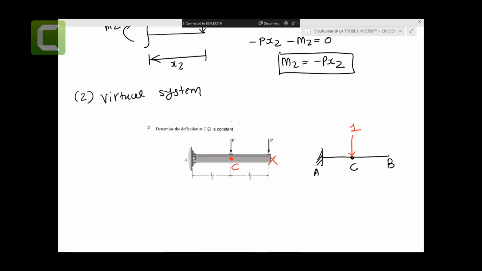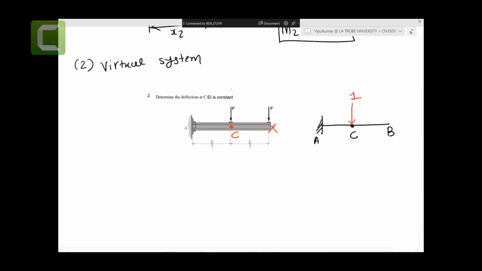Sometimes I can't imagine multiple loading, so if you don't know, just put the virtual loading the way you like it. If your answer is negative, it means the direction you assumed for the virtual load is not correct. But at the moment, I can see that P is all going down, so the beam will deflect downward, so I put this downward. We will follow the same conventions.